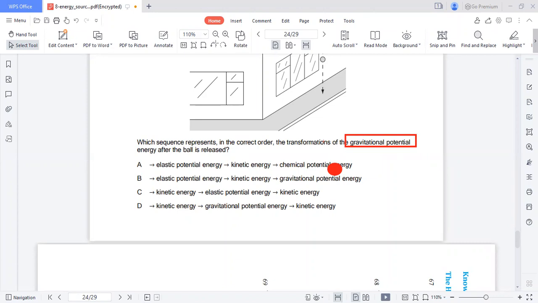The second one is kinetic energy. These two are possible. Elastic is not possible, so these two options are incorrect. So we are going for these two options.